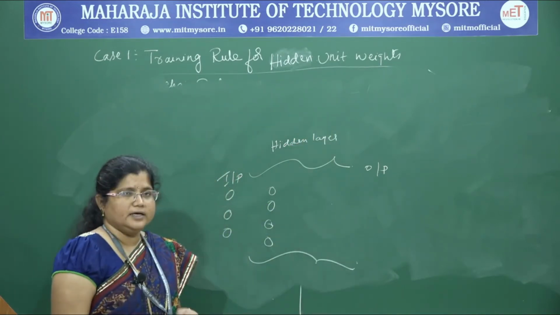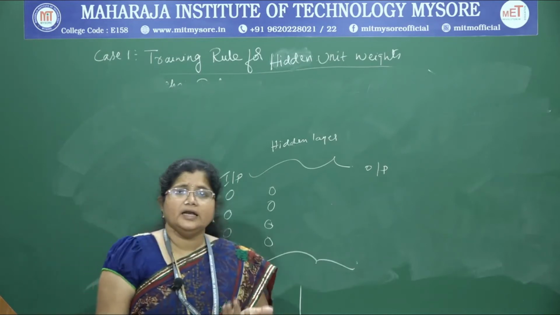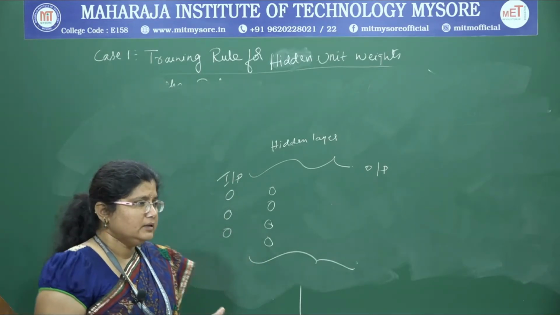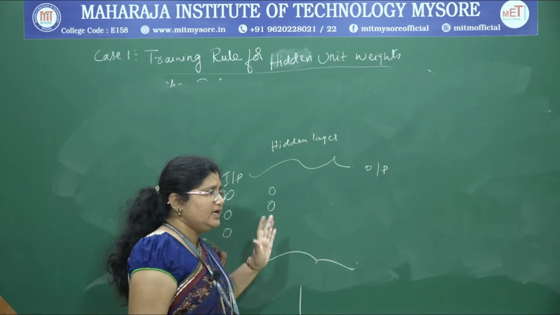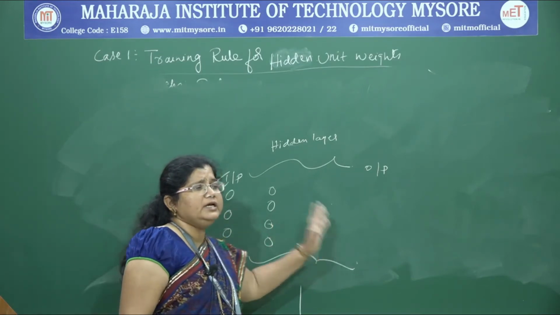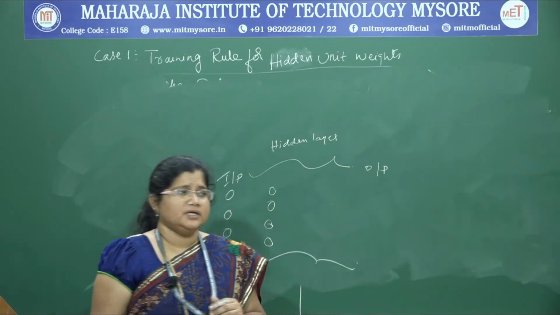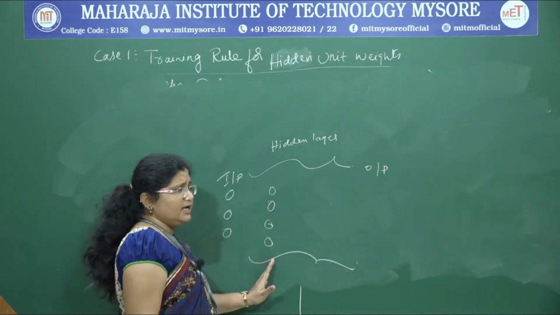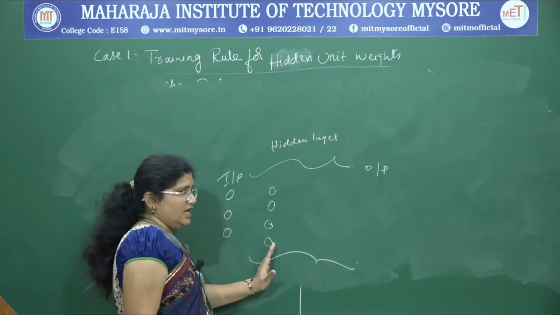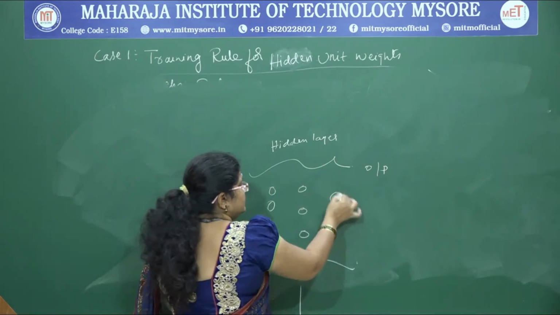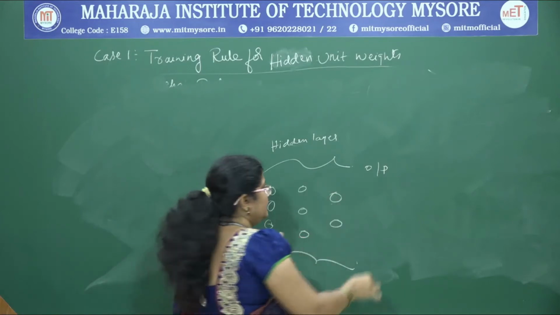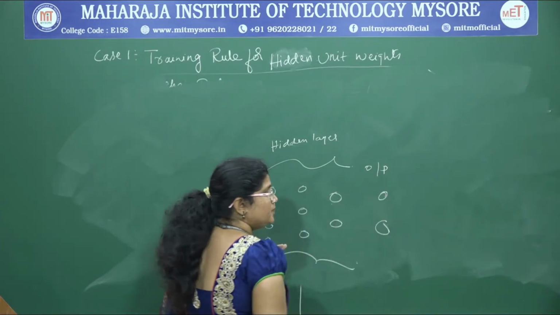In a hidden layer we can have a large number of units, and we can have more than one layer. It is the first hidden layer, next the second hidden layer, next it can be a third hidden layer, next the output.